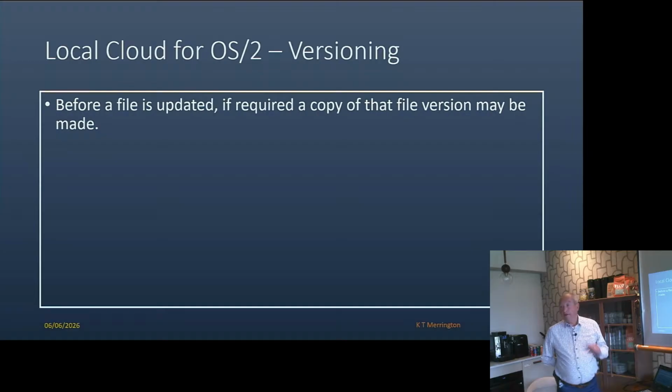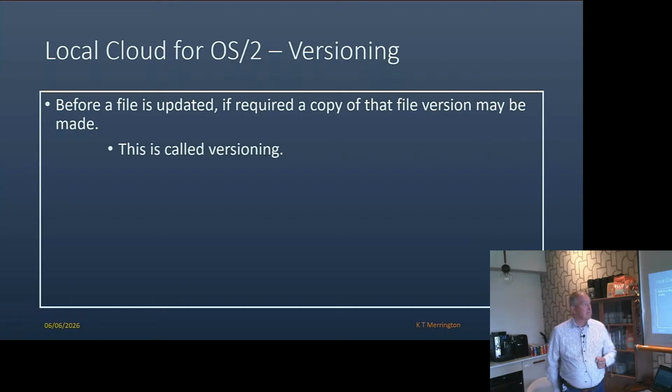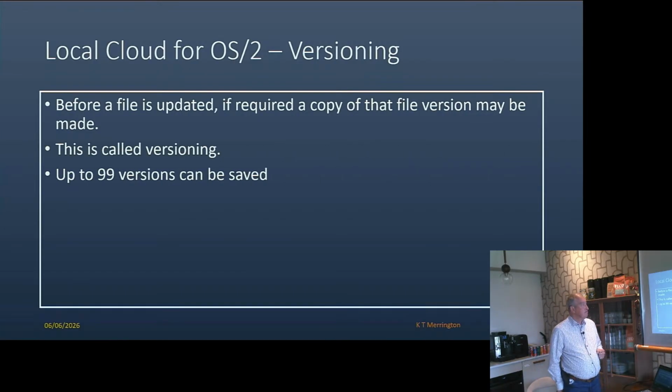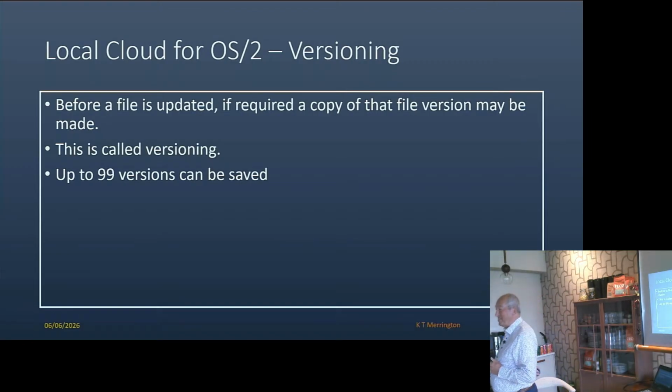Okay, versioning. How does versioning work? Well, basically, before a file is updated, so before you copy the file to the cloud, a copy of that file is put in a version directory. All other files in the version directory are shifted to an older version directory. I've limited the versioning to 99, which I think should be more than enough.